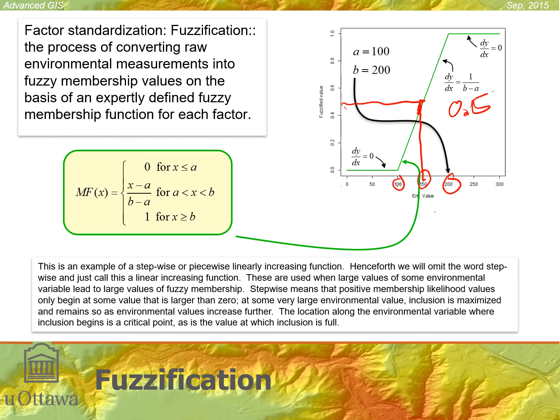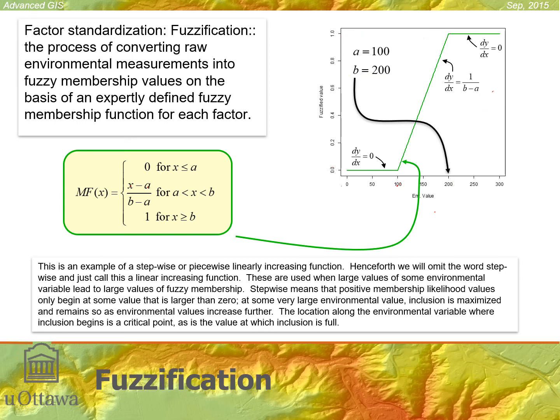So it's half suitable for the establishment of Kudzu if you have 150 growing degree days. Likewise, if you went to 175, you'd be up here at 0.75. And once you get to 200, you're way up here at 1. So 200 and over on this side are completely suitable for Kudzu establishment, propagation, reproduction, existence, etc.